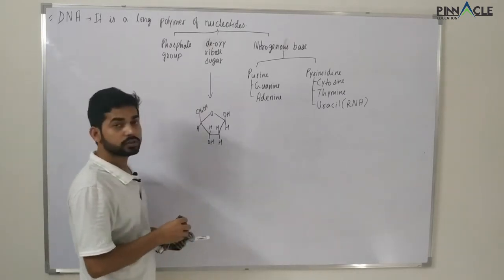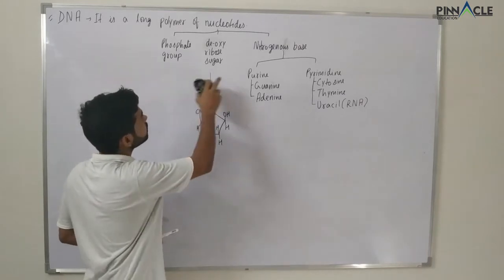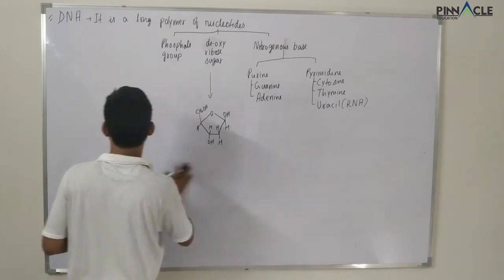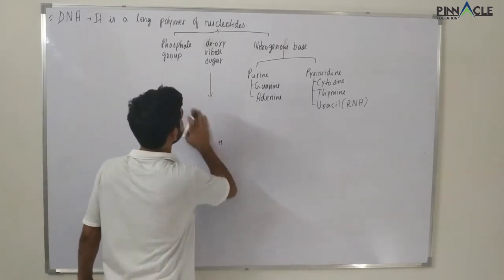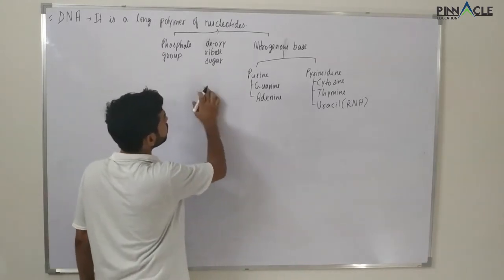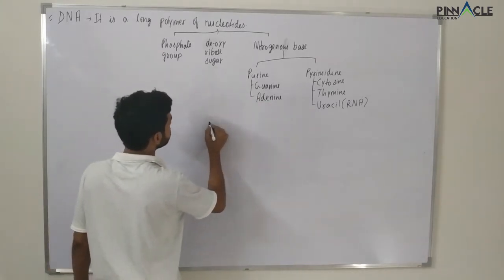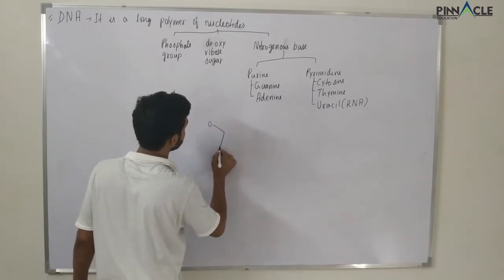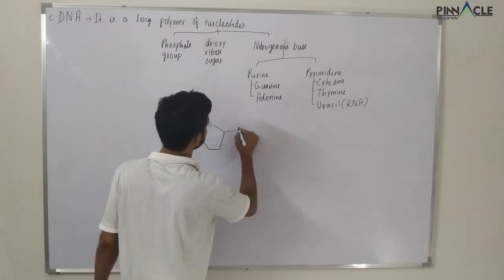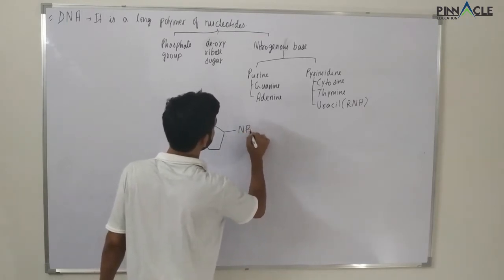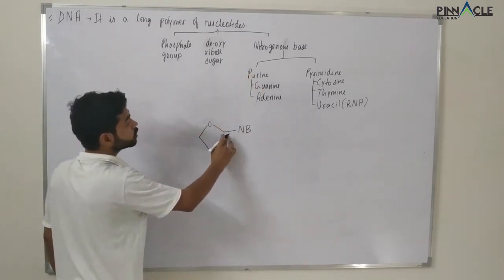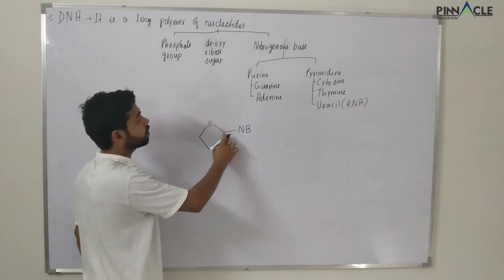Now we have to study how these things are attached. Since we have studied the structure, now we will see their attachment. I am denoting the nitrogenous base by NB. It is attached to the first carbon of the ribose sugar.